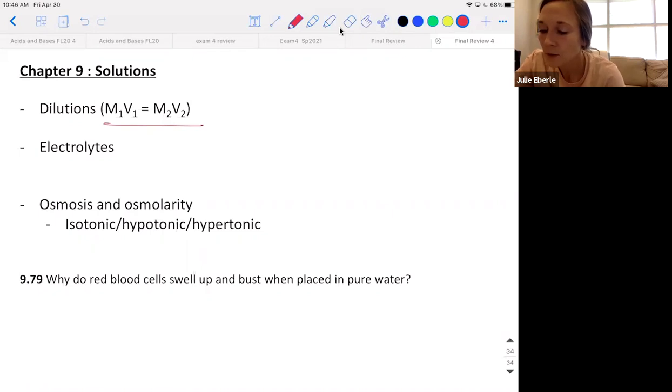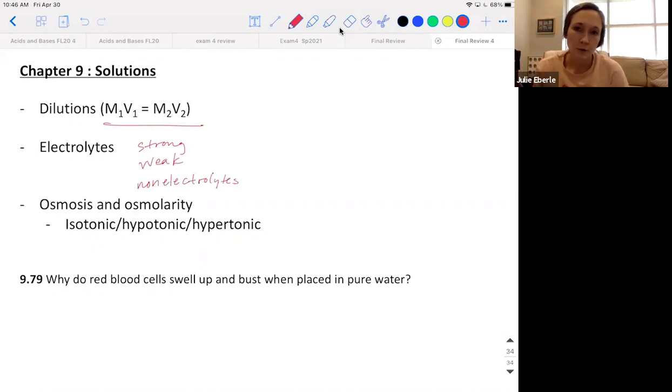Electrolytes. We said you have strong, weak, and then you have things that we call non-electrolytes. Electrolytes are when you have an ionic compound dissolved in the solution and it can conduct electricity, sometimes strongly, sometimes weakly, depending on what is dissolved.